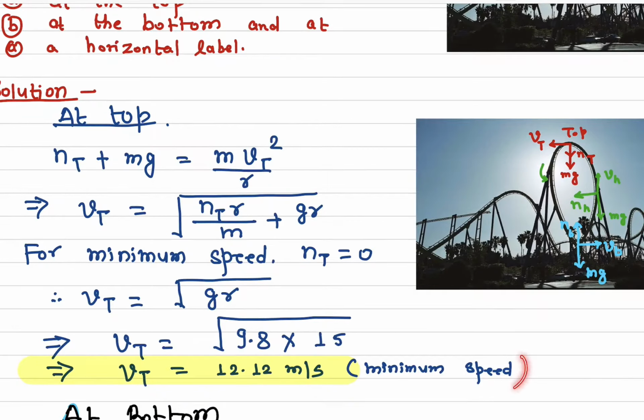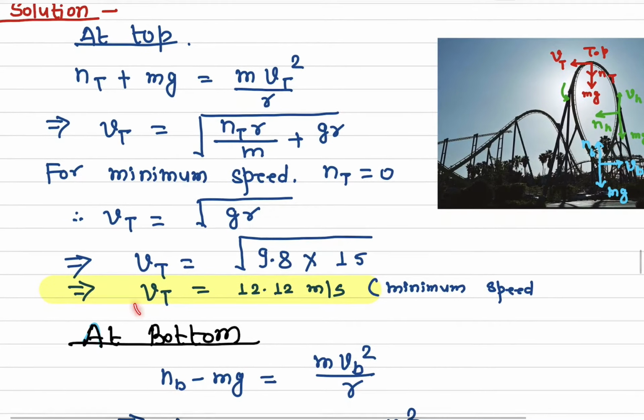That's the minimum speed. What happens if the roller coaster does not have this speed at the top? It won't make a complete vertical loop. It will fall down. So if you are an engineer, you should consider all those sorts of things. It has to have a minimum of this speed, and here we're ignoring lots of things.